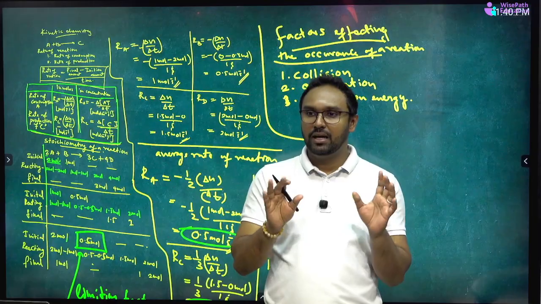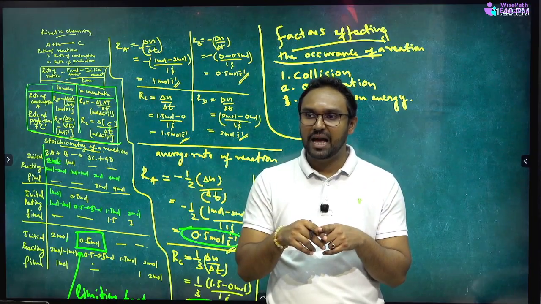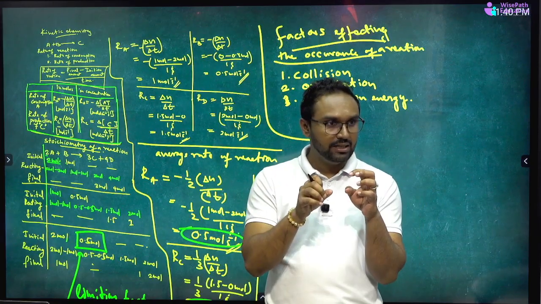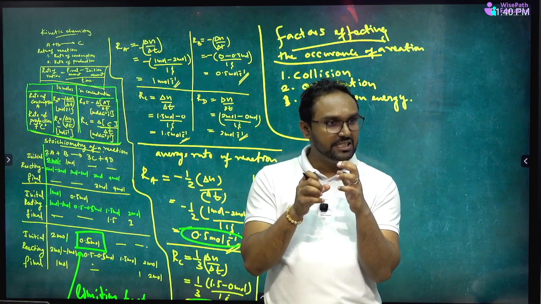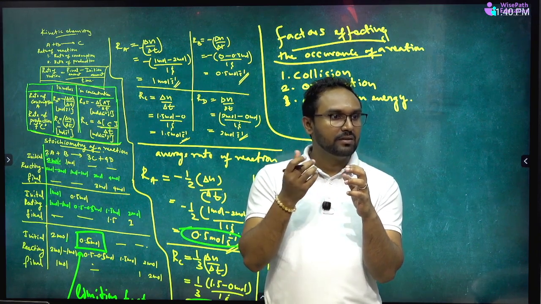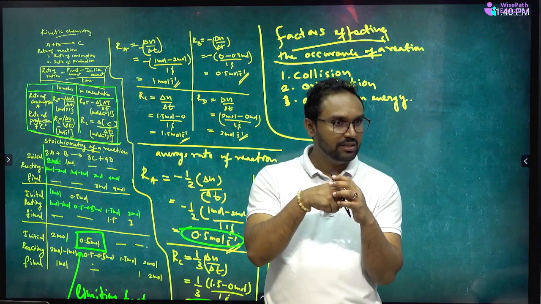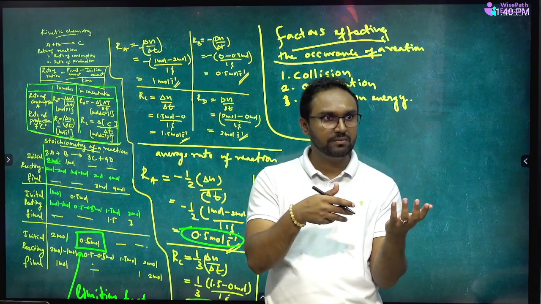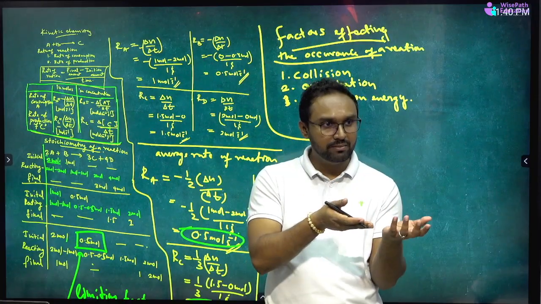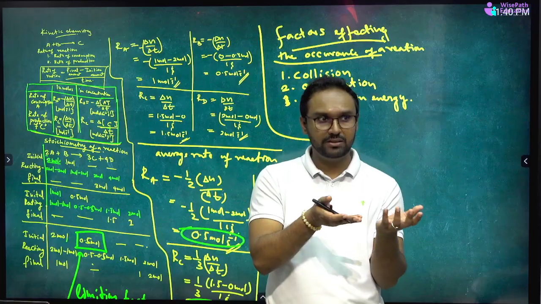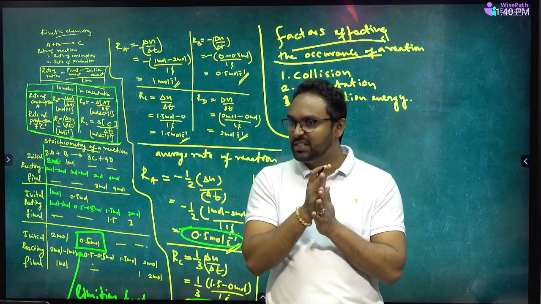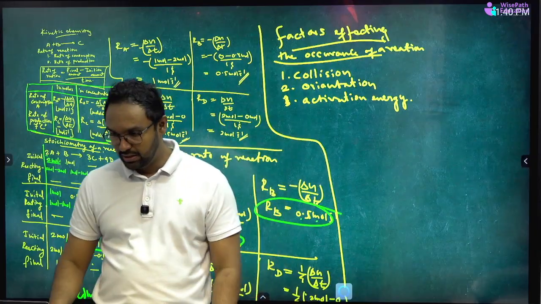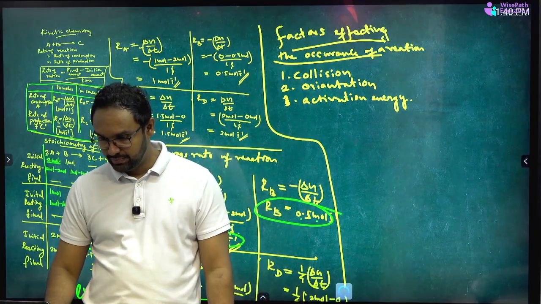The third one is activation energy, which means when they collide, they have to have this energy for the plug to fit inside the socket. Otherwise, they won't go inside and fit in. So that's activation energy. Those three factors should be there.